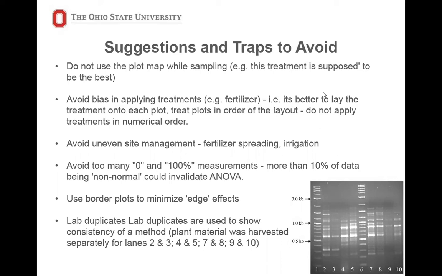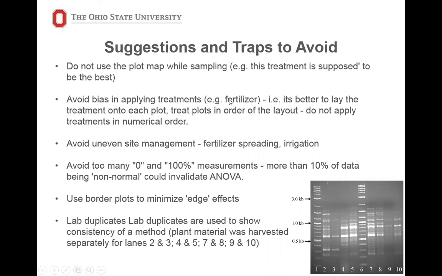Maybe we anticipate, say, treatment 3 should get a different result than treatment 2. We may spend more time on treatment 3 if we know what those plots are. So we should just sample them all without reference to the plot map to avoid subconscious bias that can occur in our sampling protocol.